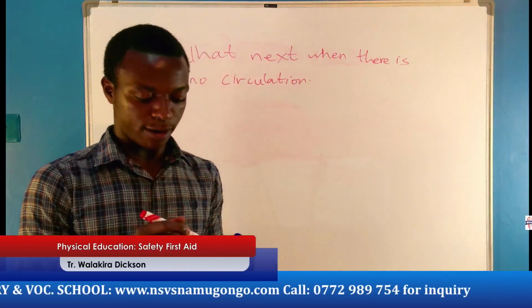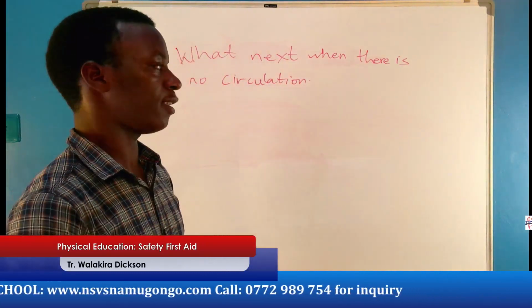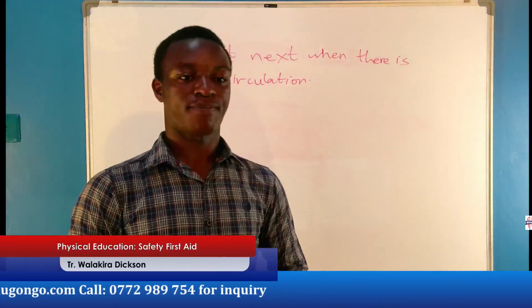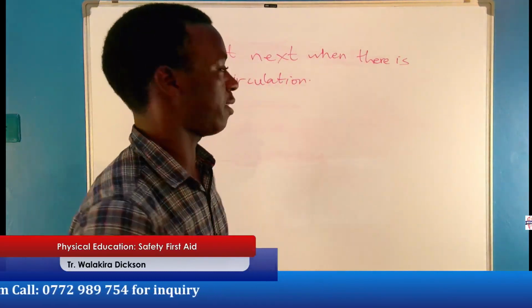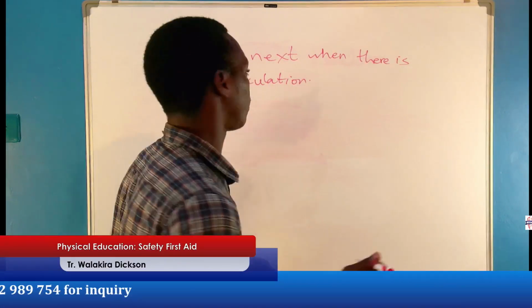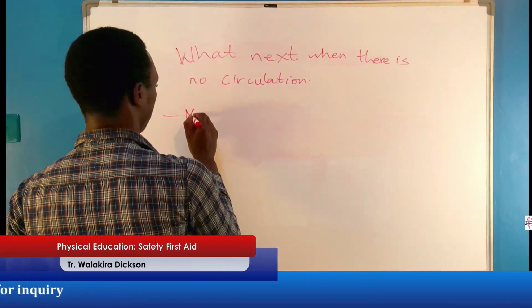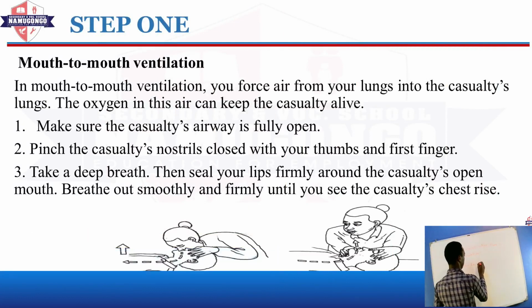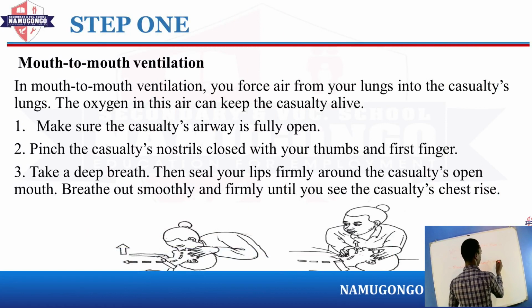You have carried out the DRABC routine, it has failed, there is no saturation. What do you do next? The first thing you do is called mouth-to-mouth ventilation.